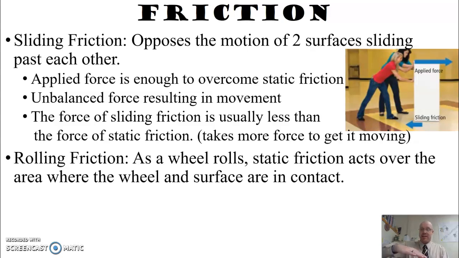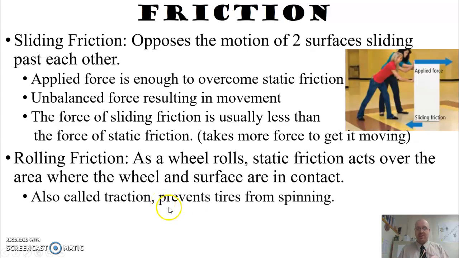But because it's rolling, eventually that surface rises up and gets pulled away, and another part farther down the road gets attracted to that static friction, which makes sense when you stop to think about the amount of traction of, say, a tank-treaded vehicle. It has lots of traction. It doesn't slip or slide at all because there's so much static friction over that long area, whereas a wheel has very little static friction because of the tire.